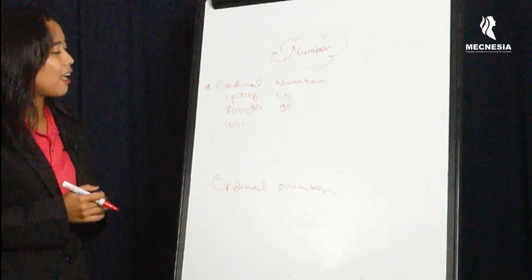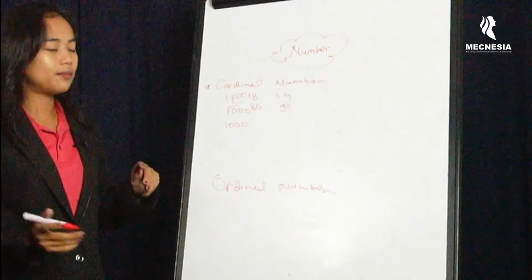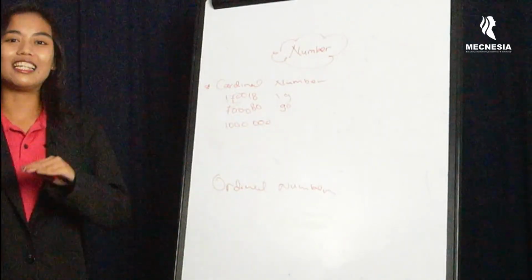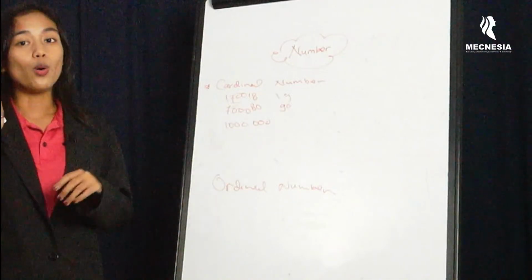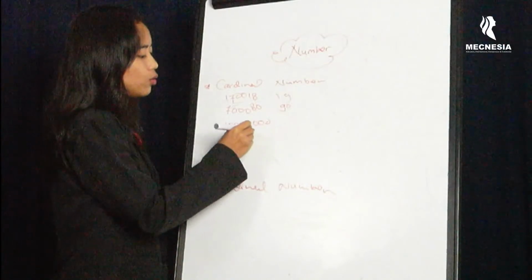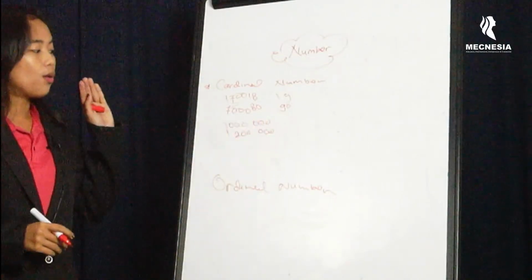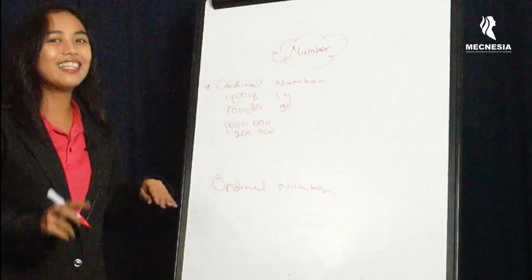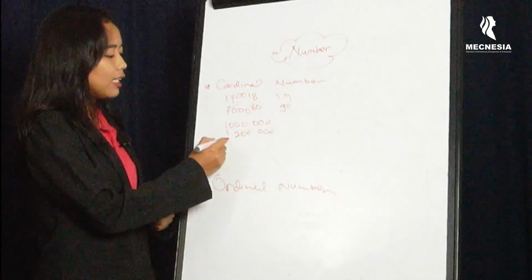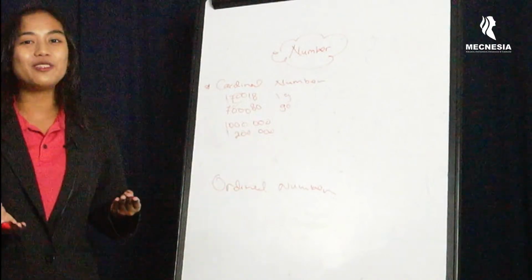How about jutaan? Well, jutaan kemarin million. 1 juta. 1 million. 1,200,000. Once again, 1,200,000.